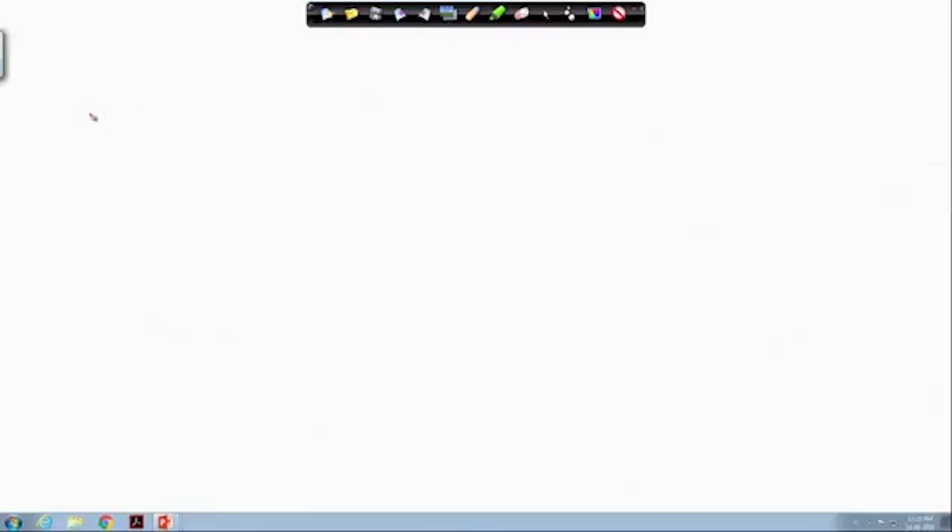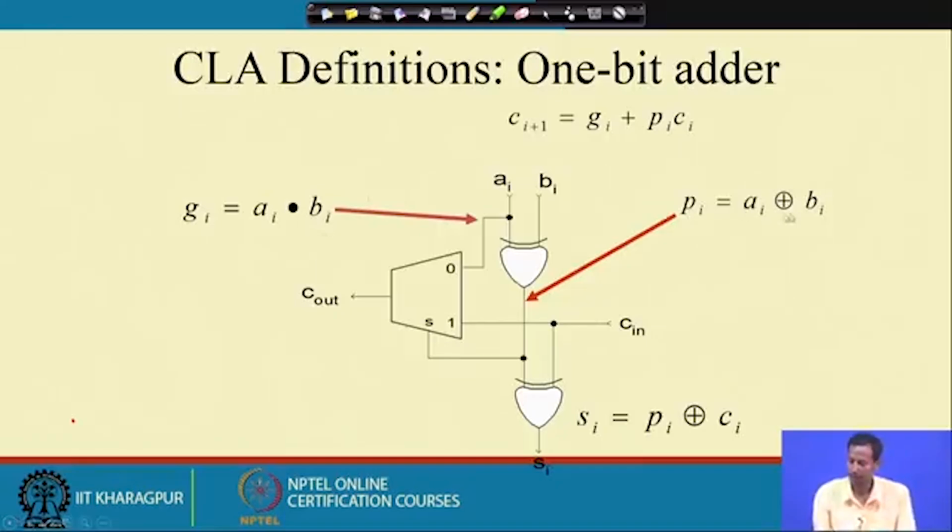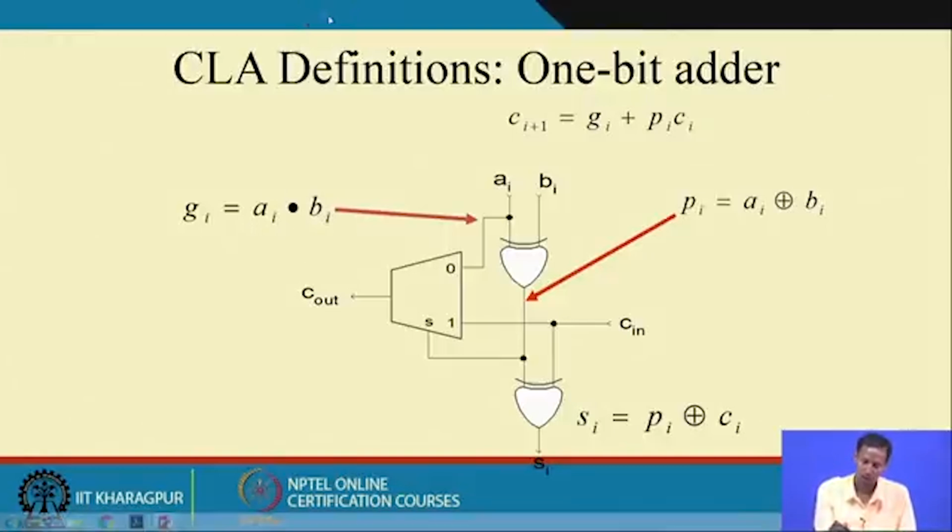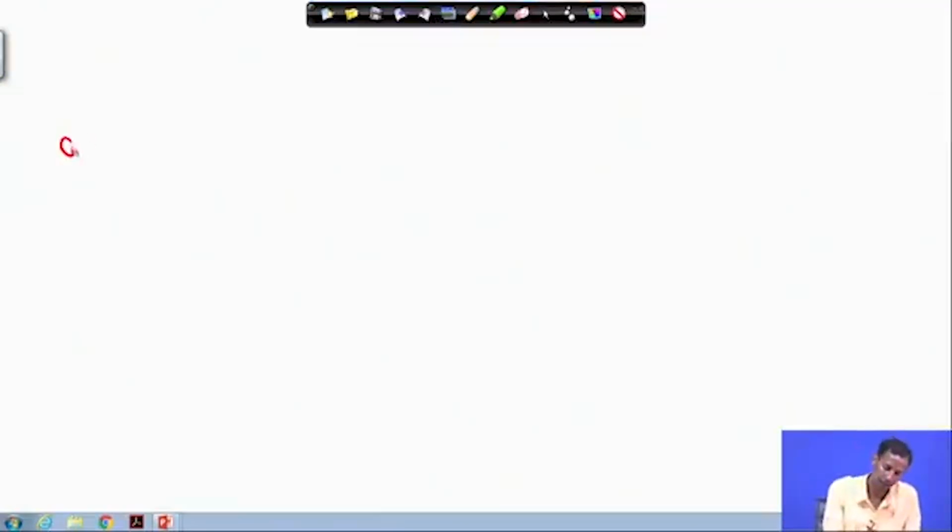For each of the stages, we know that for P0 and G0, that is for the 0th stage or the LSB position, the propagation is Ai XOR Bi, and the generation is Ai into Bi.